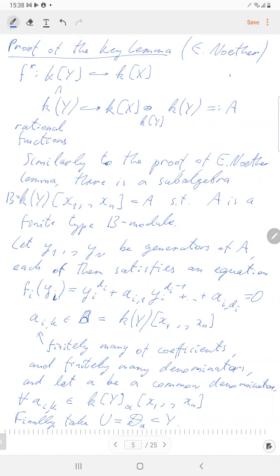Okay. So there we are. And now we can deduce the desired Chevalley theorem, that the image f of x is constructible.